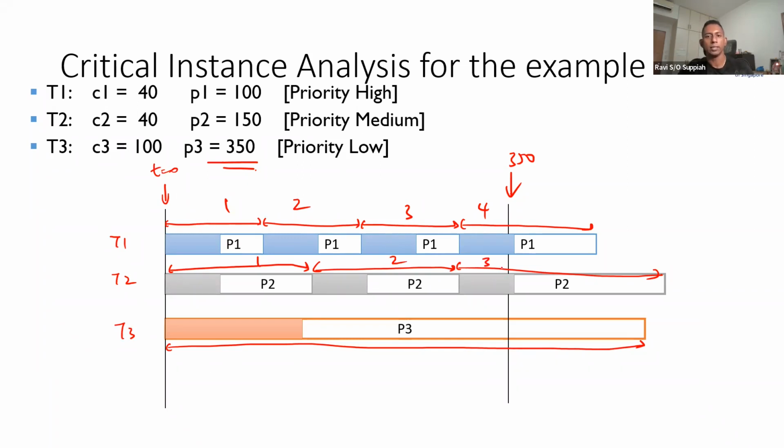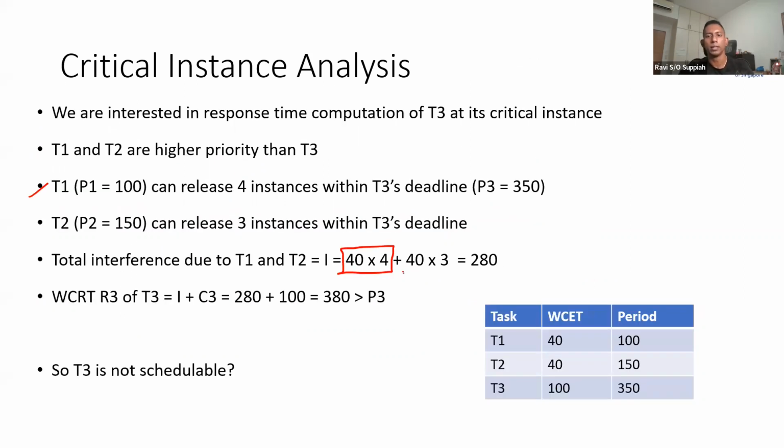So it has released 3 instances of task 2. This is for task 1, this is for task 2. So the total amount of time consumed by task 1 and task 2 is 280, within that deadline of 350.